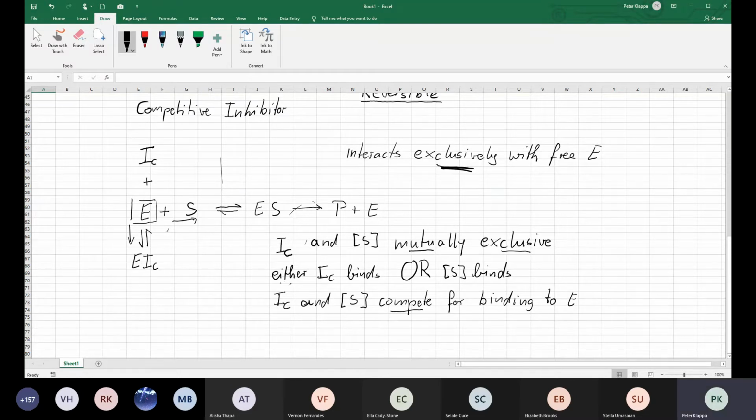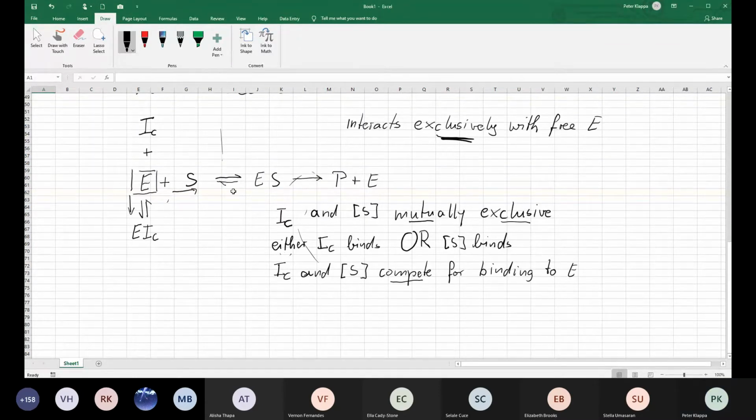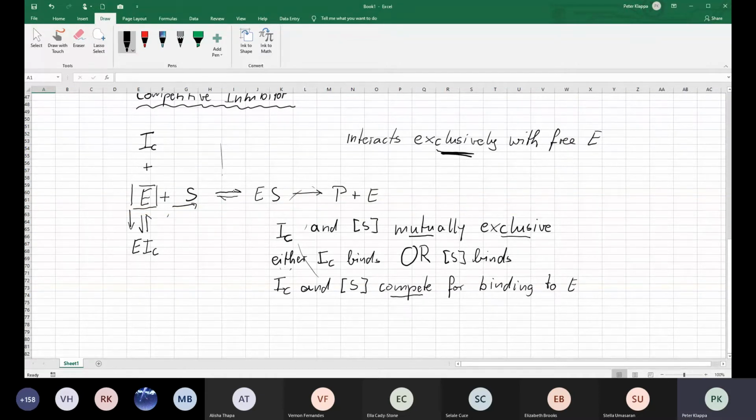We come back to that. Park that question, Ella. Park that question. It will be answered in a few minutes. This is the competitive inhibitor, and it is mutually exclusive with the substrate. So, what would happen now if we had lots and lots of substrate?